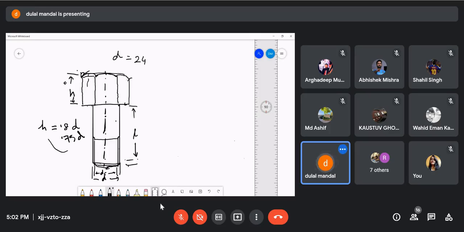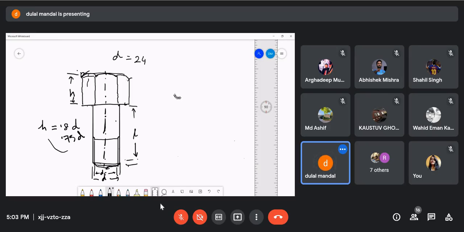Okay, one more thing. If I do it, both of them attached together. This is the complete drawing of a bolt.